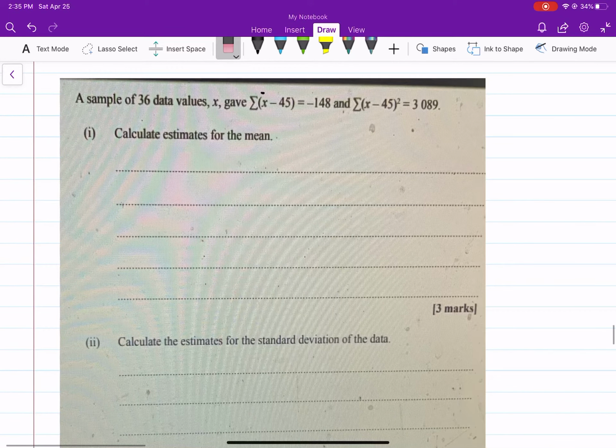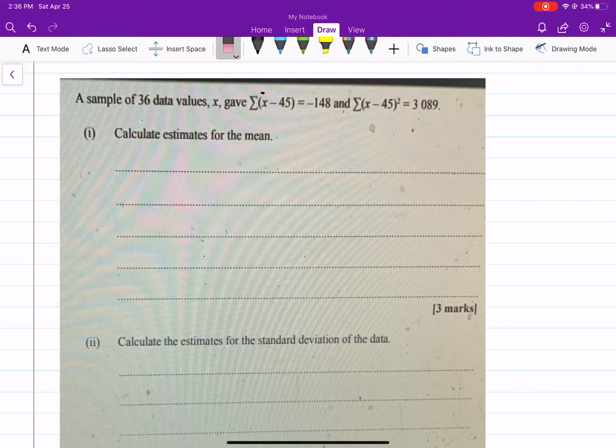A sample of 36 data values gives sigma of x minus 45 equal to minus 148. Sigma of x minus 45, all squared, gives 3089. Calculate estimates for the mean. So they want the mean of x. Well, there are 36 data values.